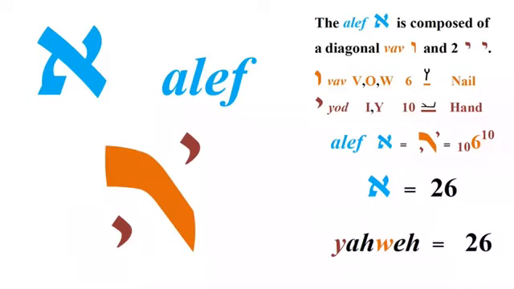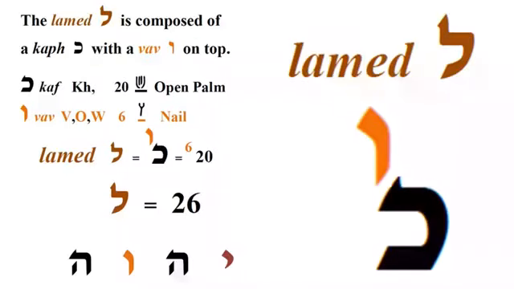Okay, in his Aleph. Now the Lamed is actually made up of a Kaf, because Lamed by itself, its gematria is 30. But it's made up of a Kaf with a Vav on top. The Kaf is 20, the Vav again is 6. So the elements that make up a Lamed add up to 26. So it's kind of clever.